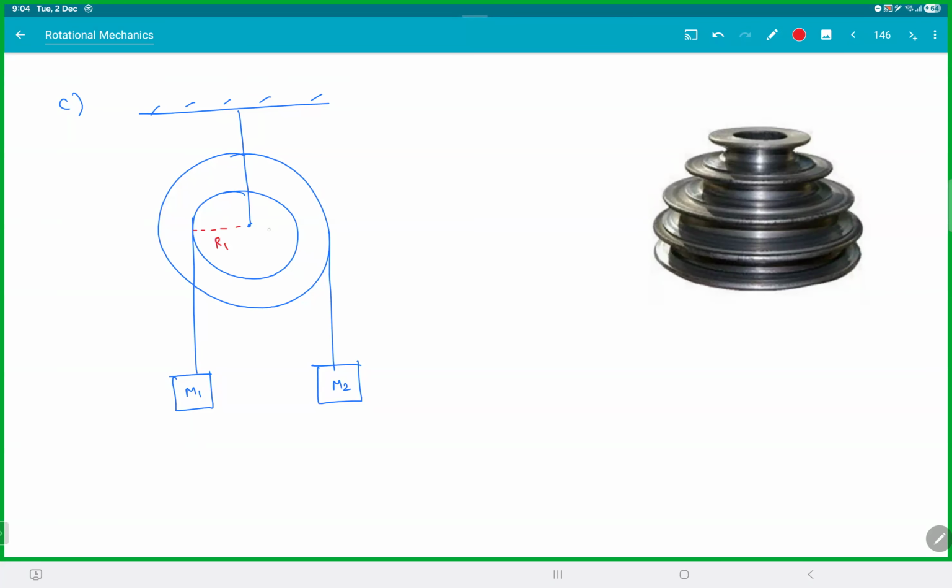So this radius is R1. The outer radius is R2. The moment of inertia of the pulley is I only. Find the acceleration of the blocks. Now remember, this is still a single pulley. Give it a try.